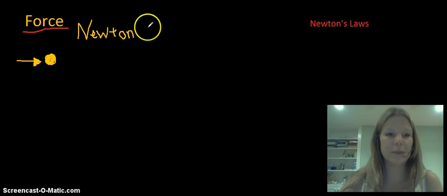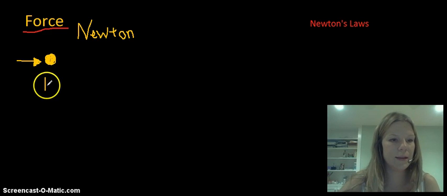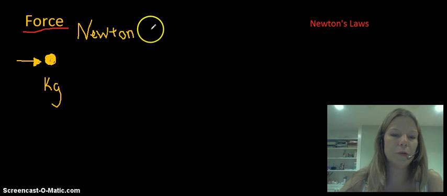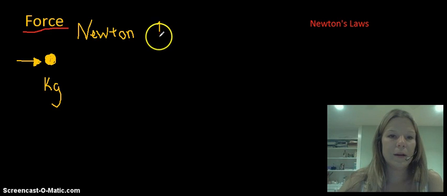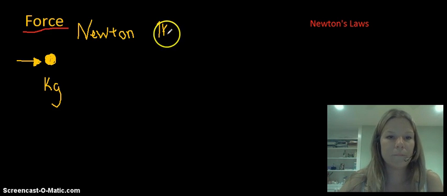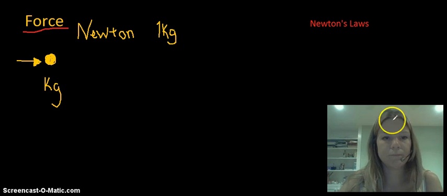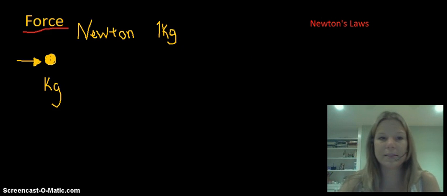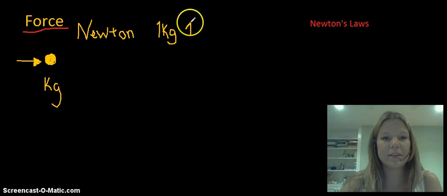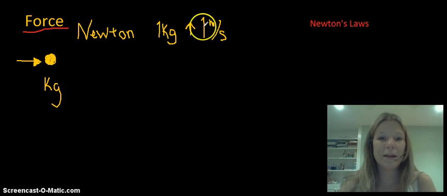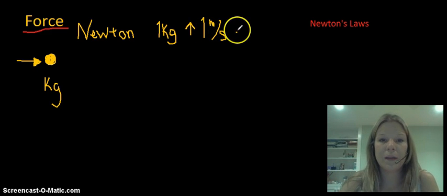And a newton talks about if we have an object like, say, our cute little yellow ball, and we have 1 newton, so 1 newton would move a kilogram of mass, it would cause it to accelerate 1 meter every second, so it goes 1 meter per second faster each second that passes.